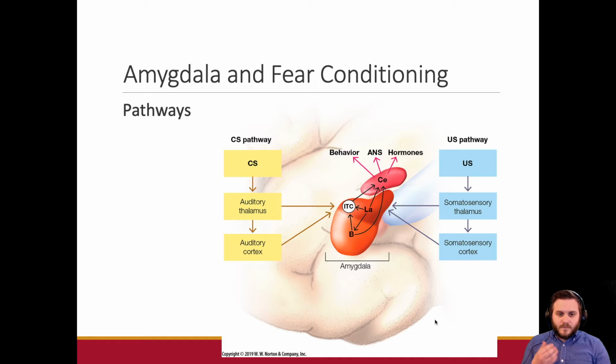So the unconditioned stimulus, the US here, goes into the thalamus, from ears, eyes, nose, well, maybe not nose, but mouth, whatever, but mostly ears and eyes. We'll just say that. So it's coming in to the thalamus.